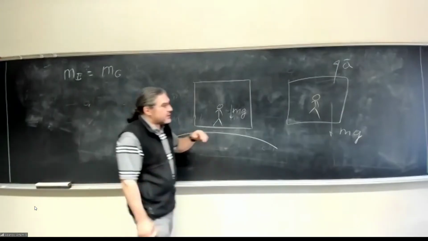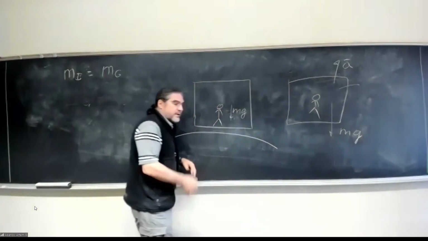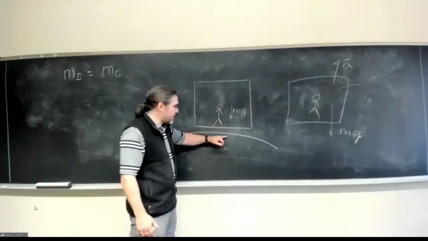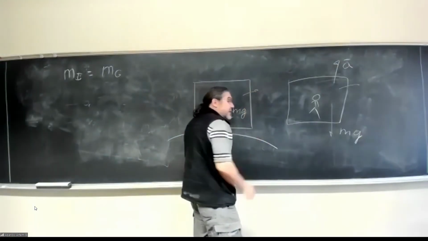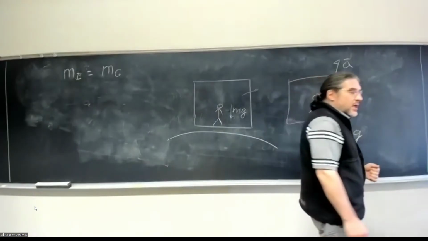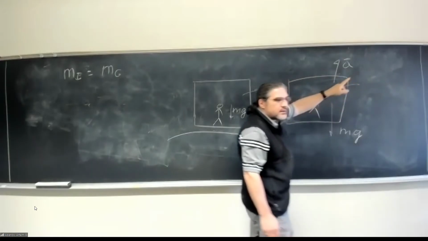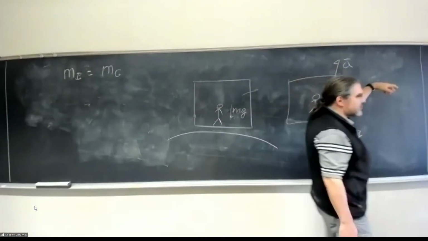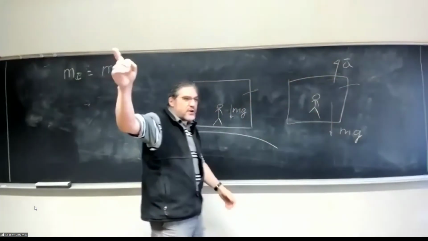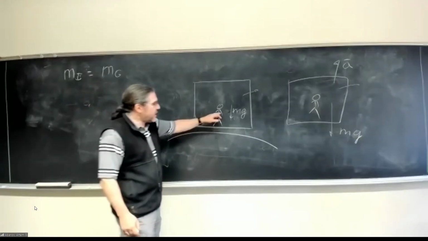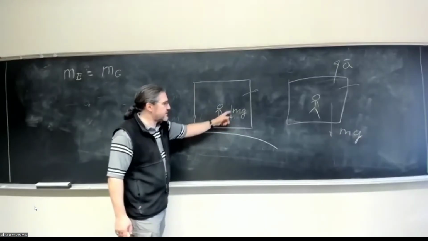Now, if you can look outside, but remember that everything is dark, there is no light, so you actually cannot see the Earth itself. But you can look outside. Then you actually can tell, because if you look at objects very far away, in an accelerating frame they will also feel some force with respect to you. In the gravity case, distant objects which are very far away will not feel that pull down.